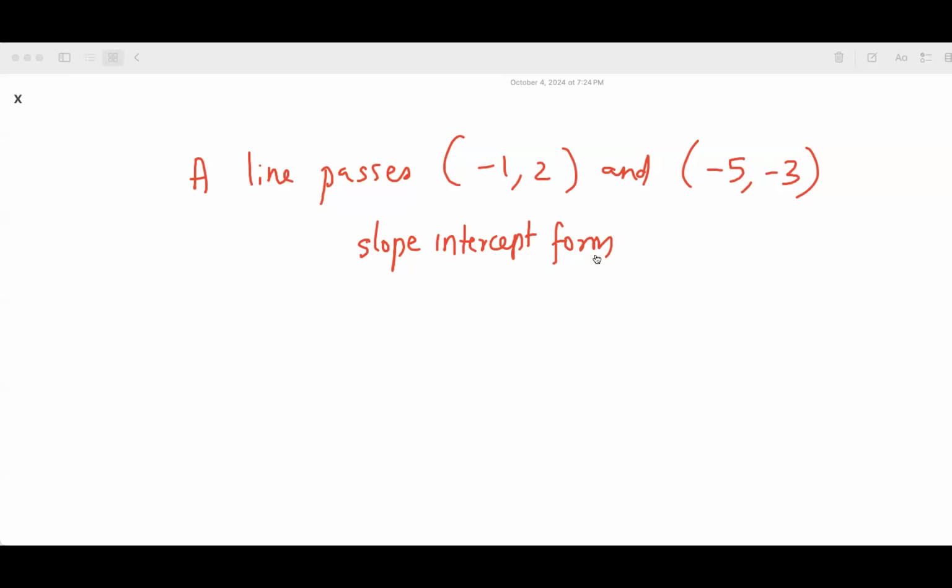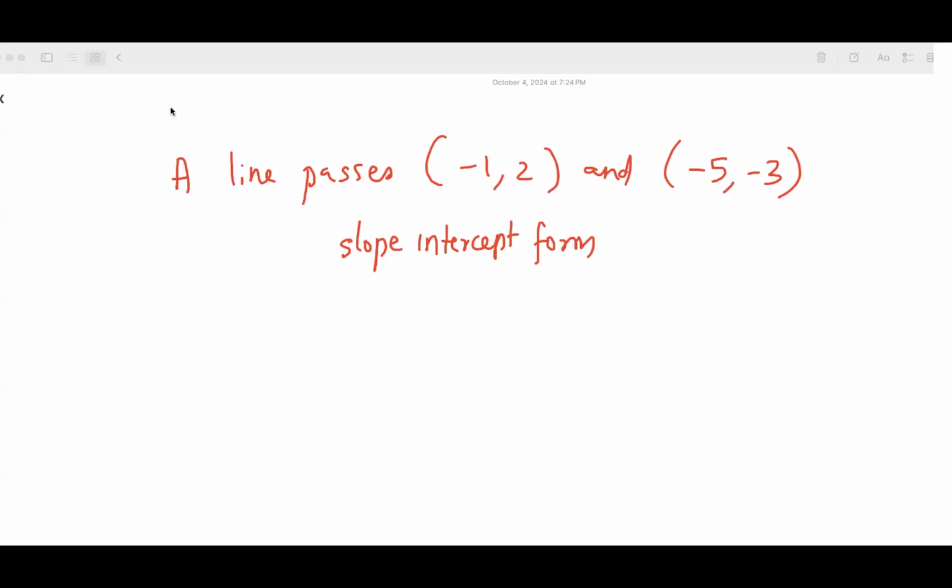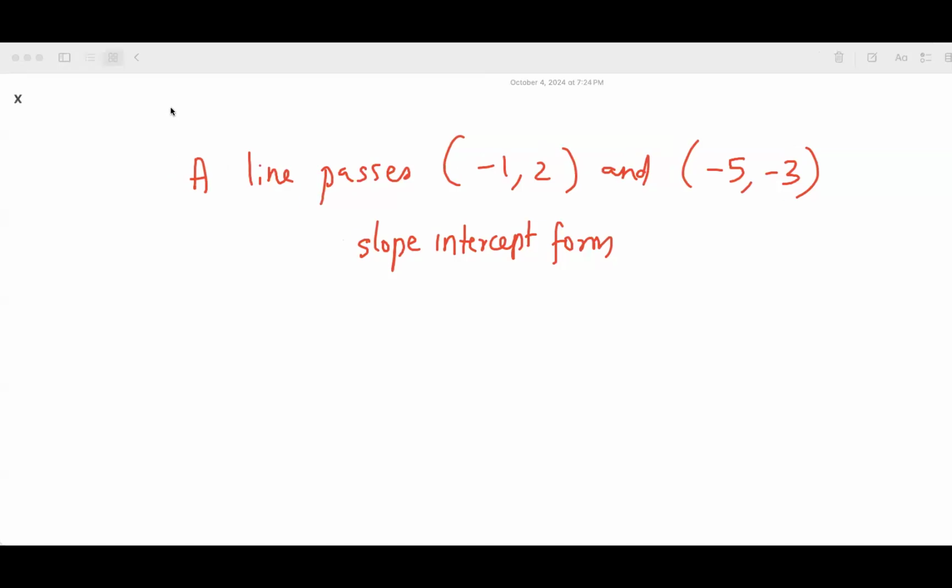Is that the slope, Vihan? I don't think that's the slope, right, Vihan? Do you want to check?